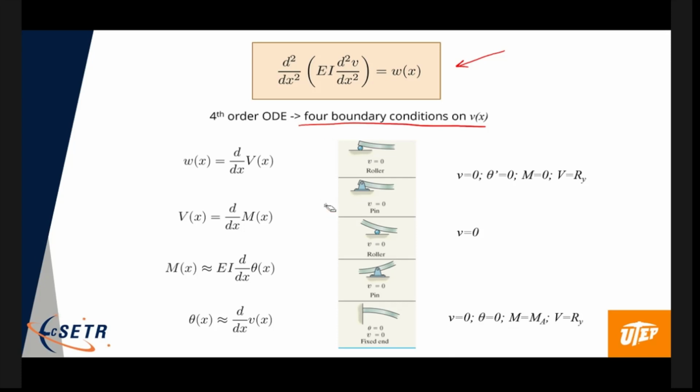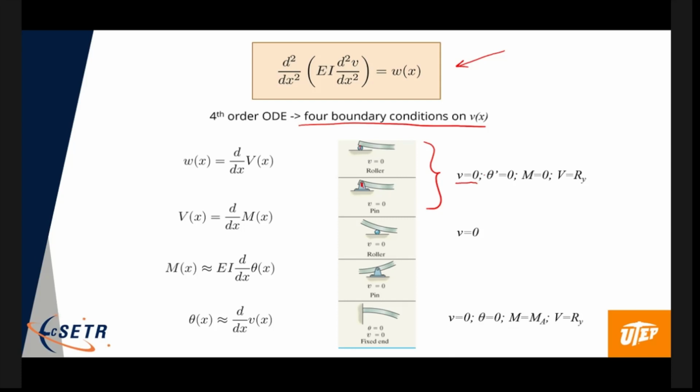And if you look at this, at the point where we apply the roller or the pin, we know that the deflection curve has to equal 0. V equals 0, all right?